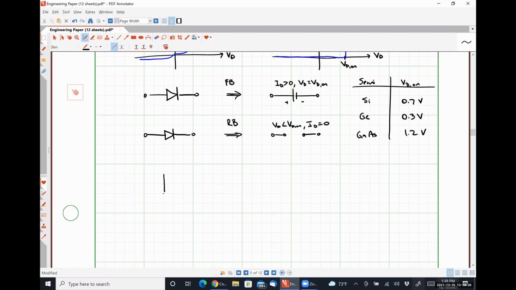So for our circuit, half an amp here, 10 ohms here, 50 ohms here. We're going to replace our diode with a battery.